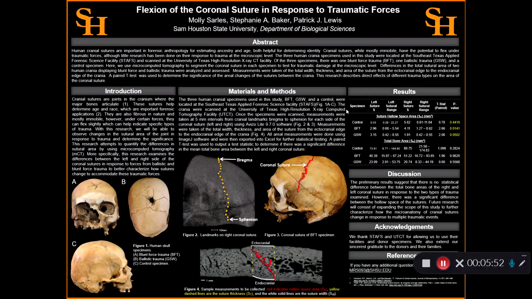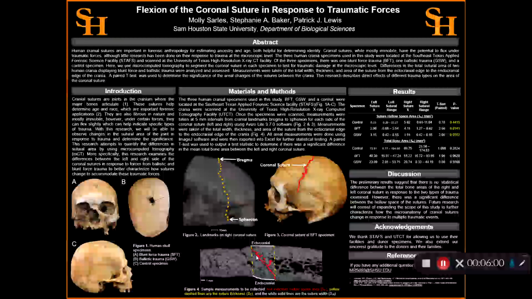However, if you look over here at this first part of the results, this suture hollow space, you'll look down here, this will be the highlighted red portion. This will be the actual area of this suture.